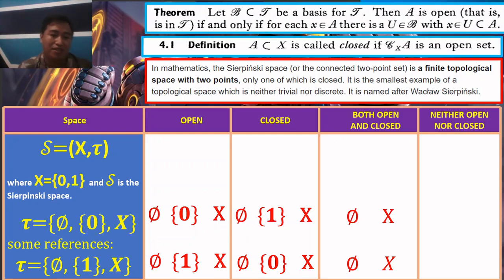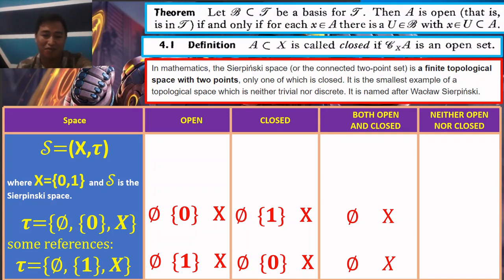Now, for some references, we have another tau, which is equal to the set containing empty, the set containing 1, and X. This is also a Serpentine space since, as in the red part at the top, one of which is closed. So some books have the set containing 1 as open. So all three are open sets. The complement of 1 is 0, so that is closed.